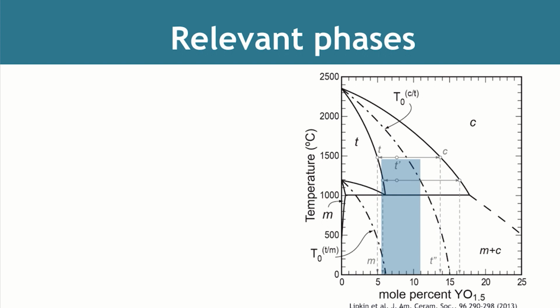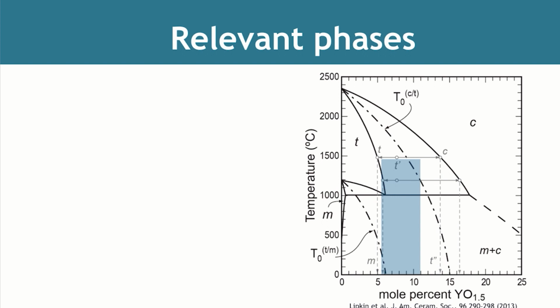Common sintering temperature is around 1500 degrees, although this varies somewhat depending on the yttria concentration. Typically, at higher yttria concentrations, we sinter at a slightly lower temperature, such as 1450, whereas for the 3 mol% yttria, we sinter at 1500 degrees.